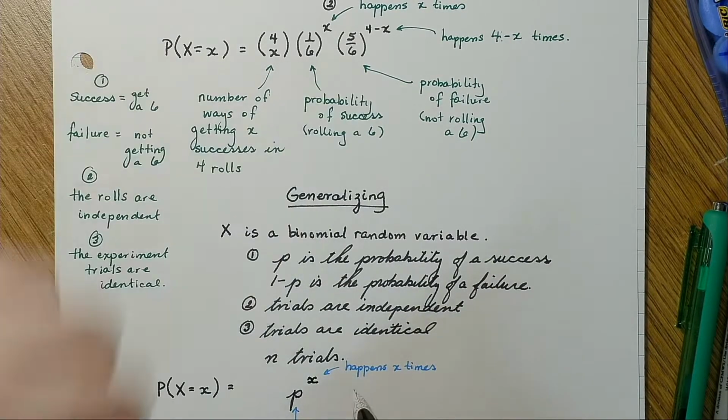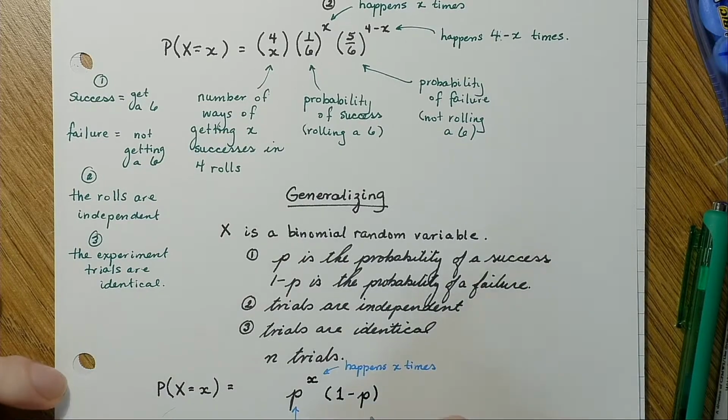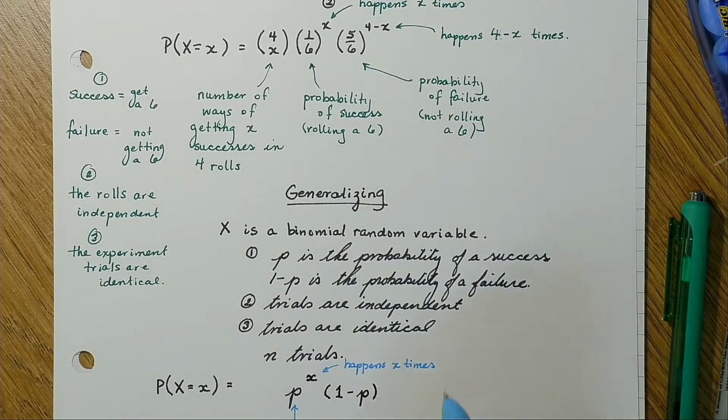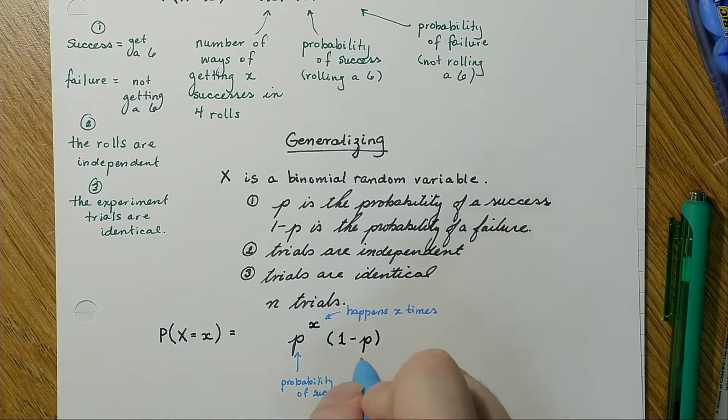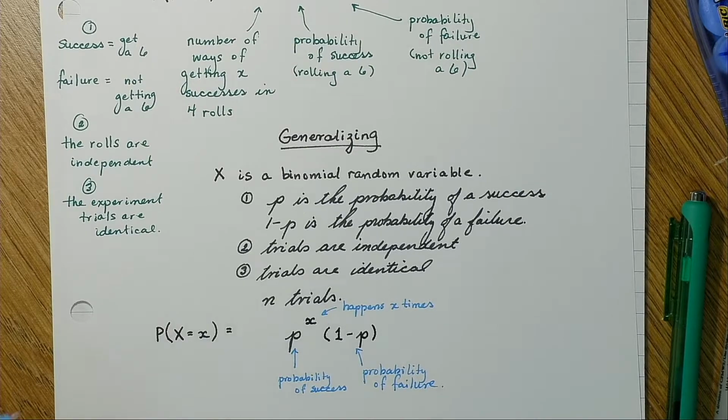We have the probability of a failure, so we have 1 minus P. Okay, there's the probability of failure.